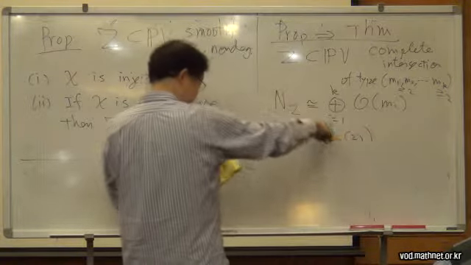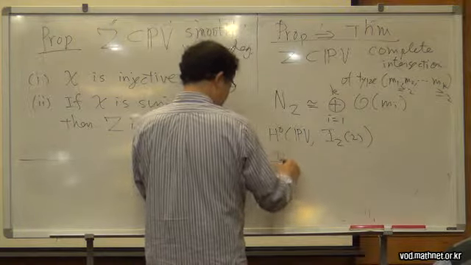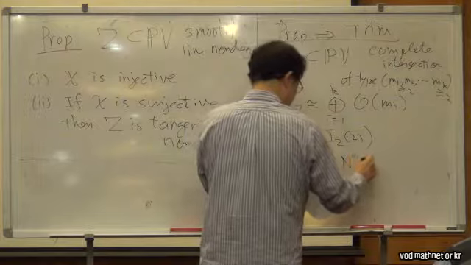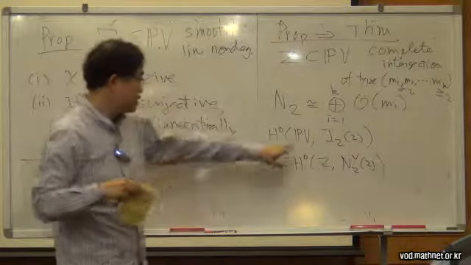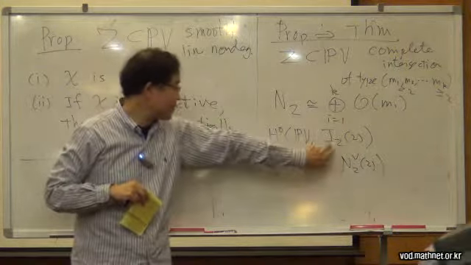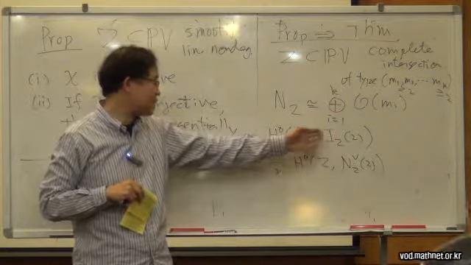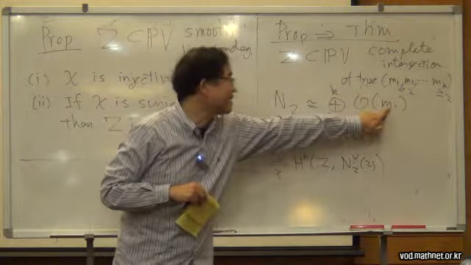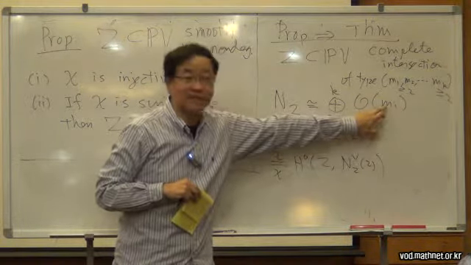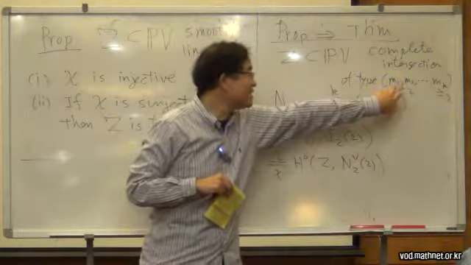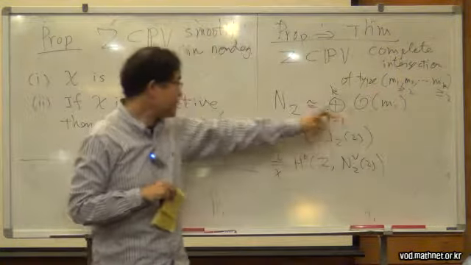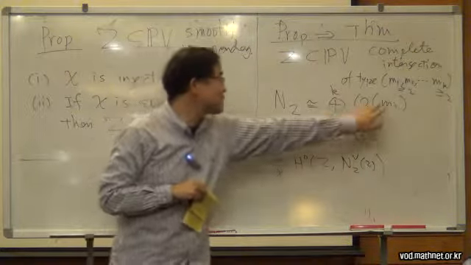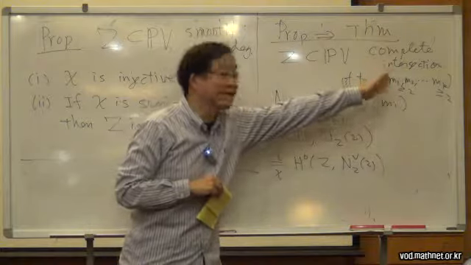IZ(2) is isomorphic to H0 of Z. Because this means quadratic polynomials vanishing on Z, and that's exactly given by the quadratic terms here, the degree 2 terms. And if you take the conormal bundle and twist by 2, then this is exactly those Mi which have value 2.